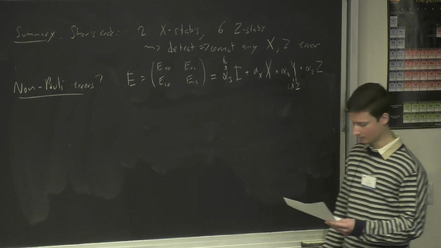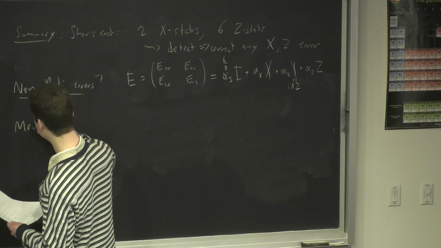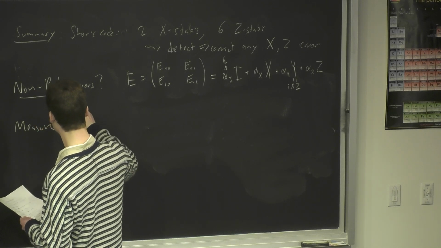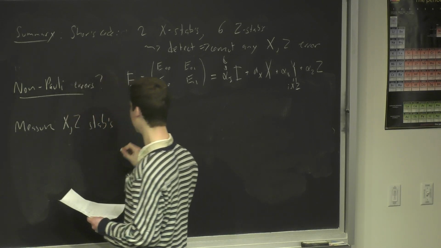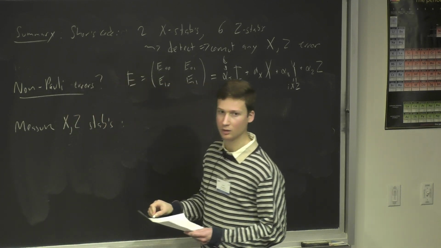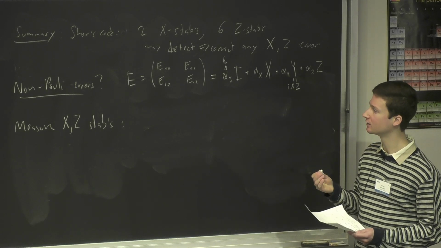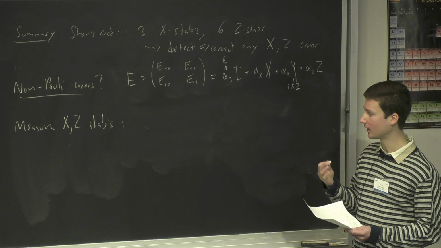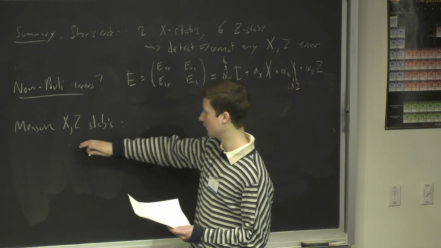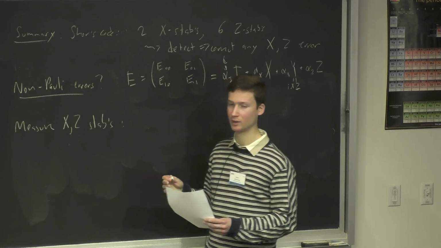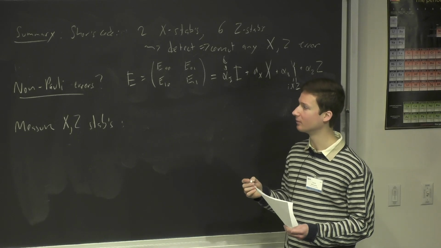And what this means is that if we measure our X and Z stabilizers, we recall that the way we define measurement, it collapses the state into an eigenspace of the Paulis that we're measuring. And essentially, the eigenspaces of our X and Z stabilizers correspond to code states with Pauli errors applied to them.